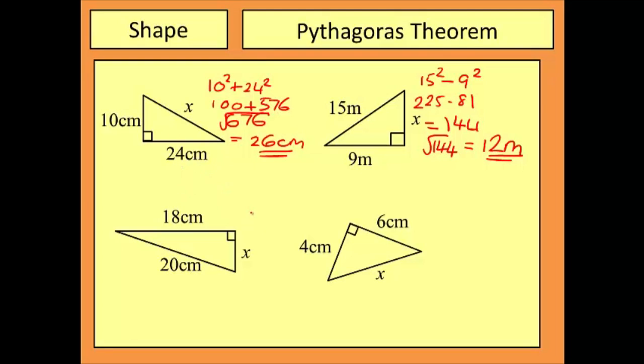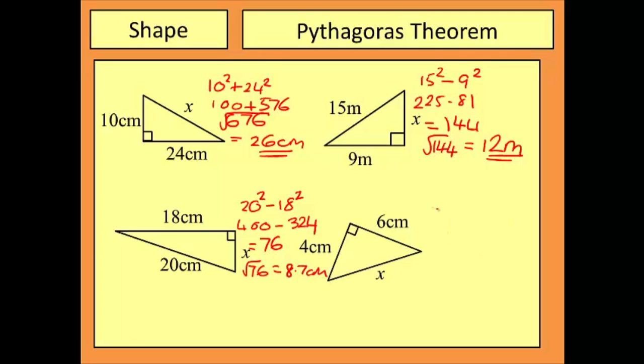In this example, we're after a short side, so I'm going to take the longest side, 20, square it, and subtract the short side we know squared, which gives me 400 minus 324, which equals 76, and the square root of 76 equals 8.7 centimetres.